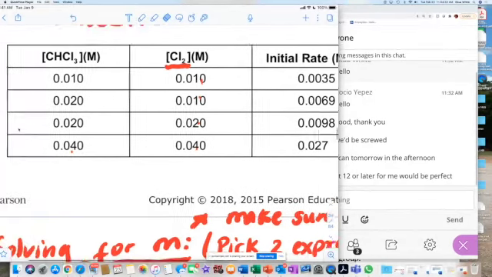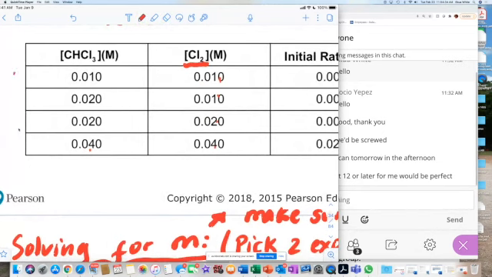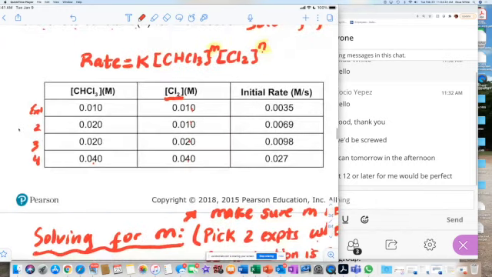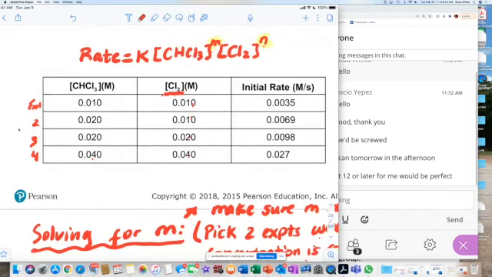So what do y'all think? Let me label these: experiment 1, 2, 3, 4. So what experiments do y'all think I should pick where the concentration of Cl2 is the same? So we're looking at this right here. I have 4 experiments, and you're reading them across, right?